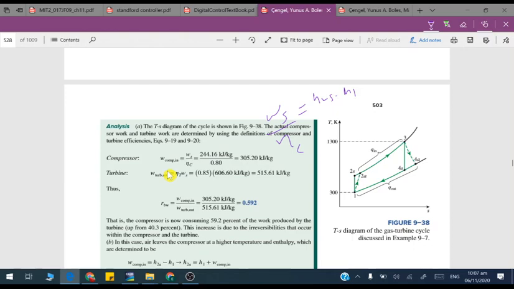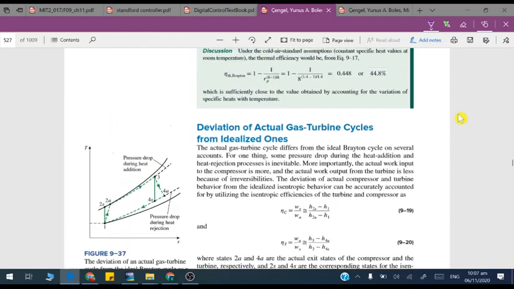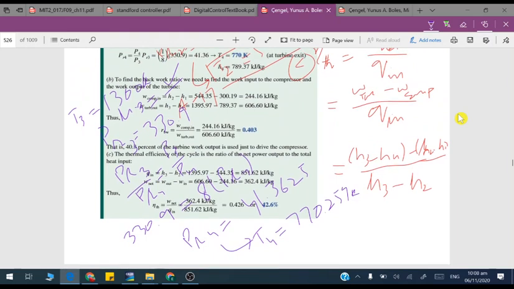So when you divide it, this will be 305. When you multiply by this Ws, in the previous case, if you look at this while solving, the turbine H3 minus H4 was 606.